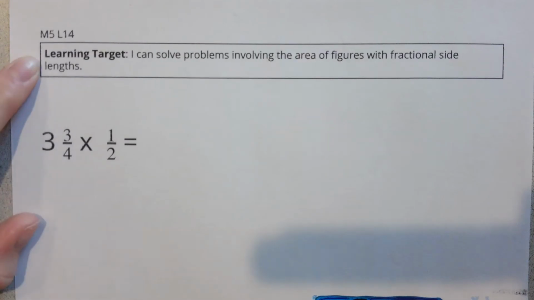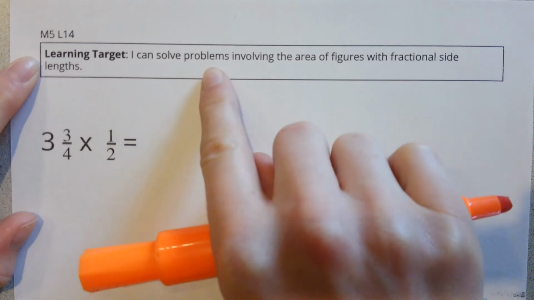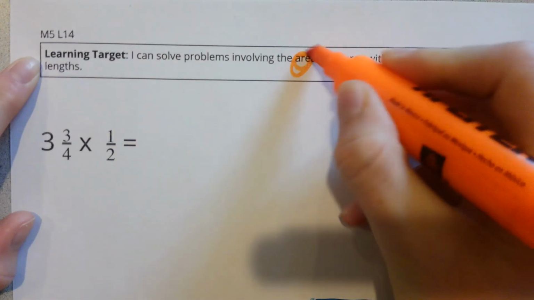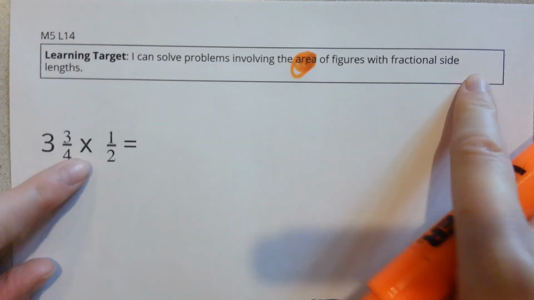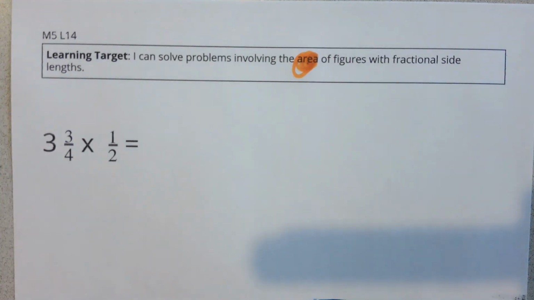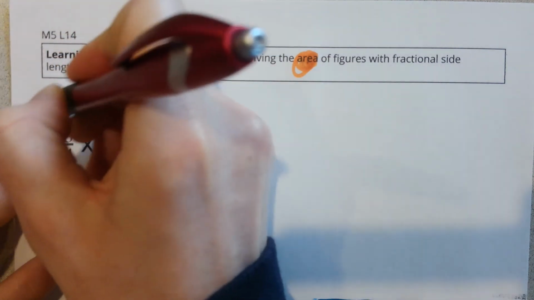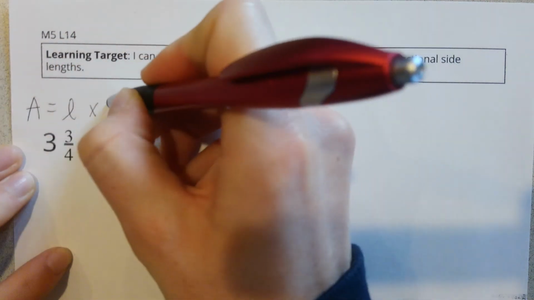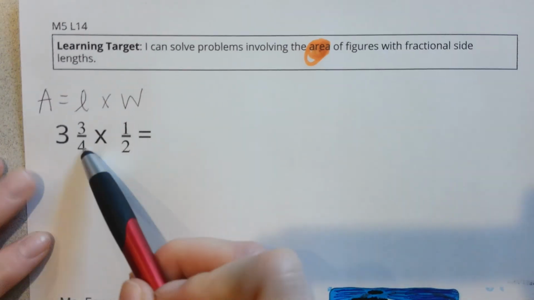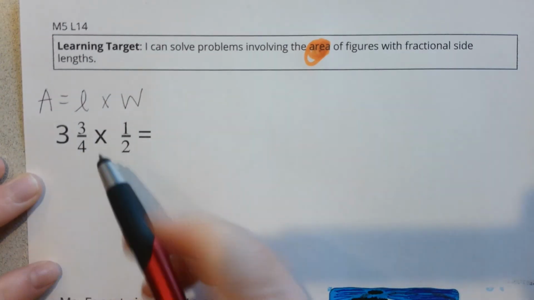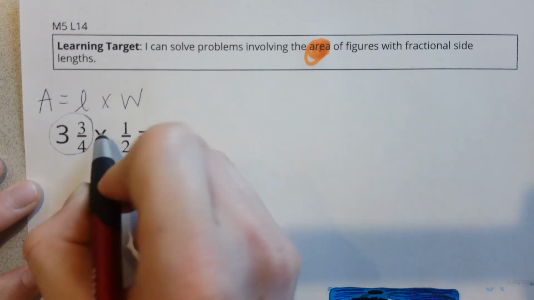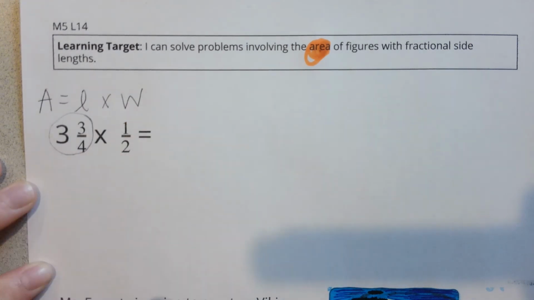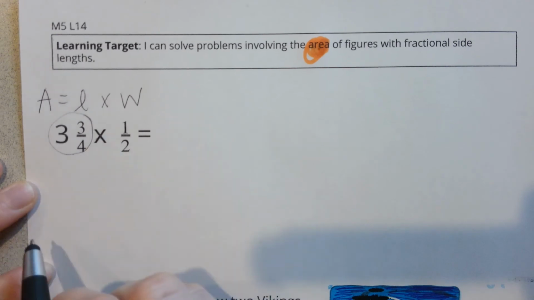So today our learning target is I can solve problems involving the area of figures with fractional side lengths. Just a reminder, when we find area, we do area equals length times width. If this was my fractional side lengths, whenever I see a mixed number, I have to turn it into an improper fraction first before I multiply these fractions.